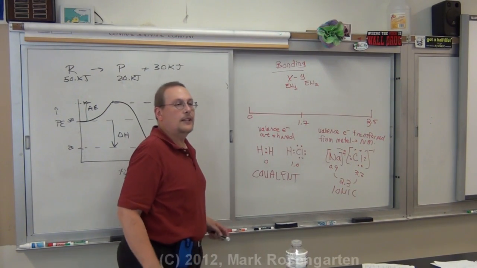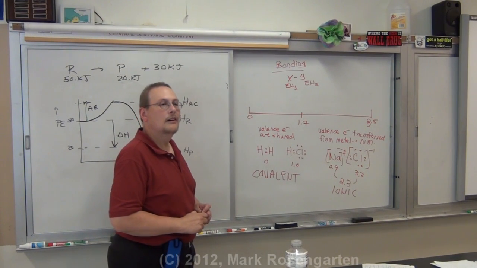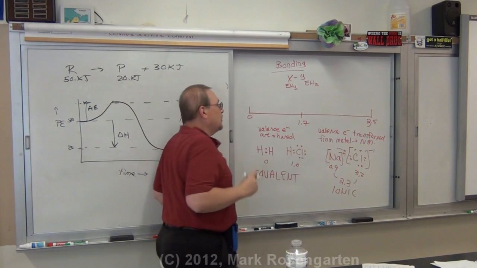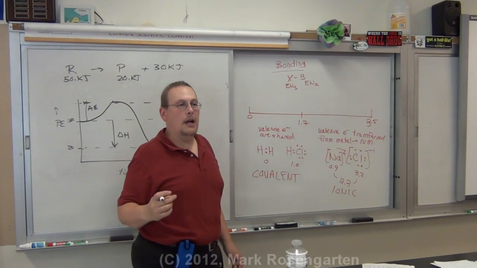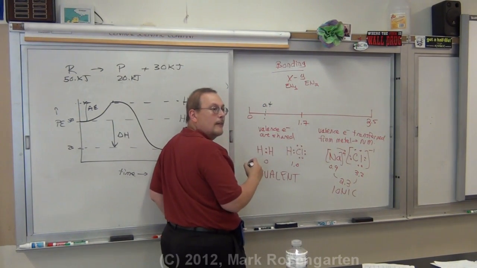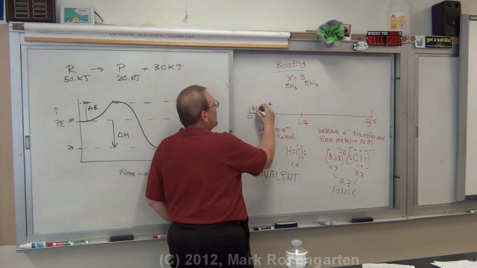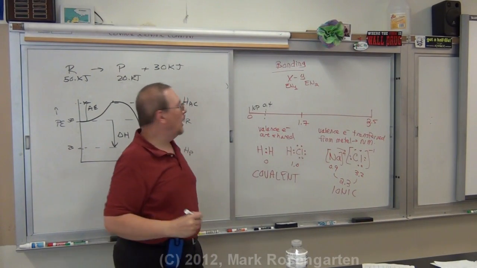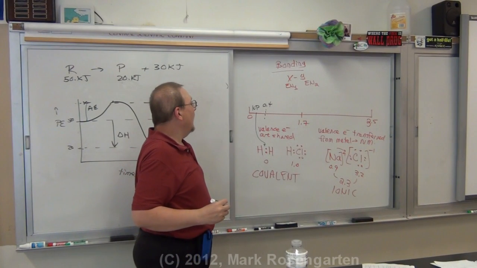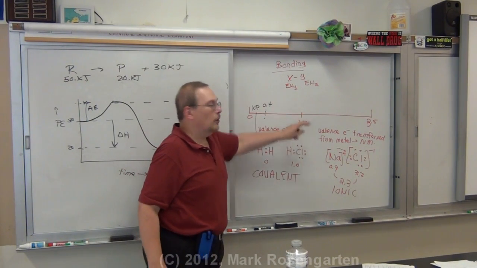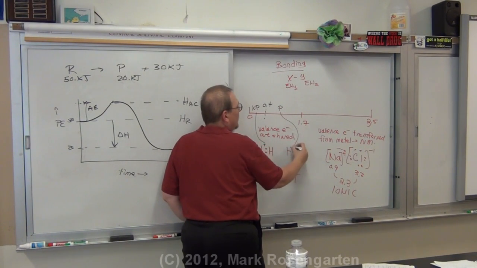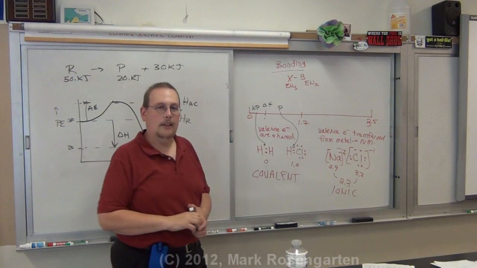Oh, I was going to ask at what point do covalent bonds become non-polar? The lower the difference in electronegativity, the less polar the molecule is. And when you get to a difference of about 0.4, that's when you end up with a non-polar covalent bond, just like in H2. A difference between 0.4 and 1.7 would be a polar covalent bond, like the bond here between H and Cl.